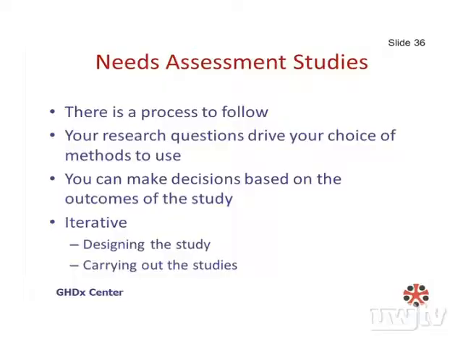And then finally, needs assessment is an iterative process, both when you are designing the study, so I mentioned to you the different components. Sometimes you need to work on one and then move to the other and move to the other, because all of them really interact.